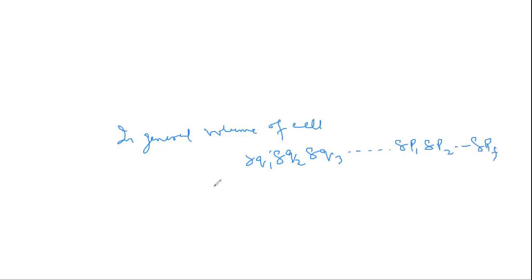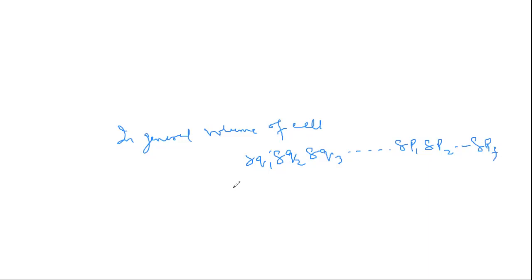So this is in general the volume of the cell in a 2f dimensional phase space when we have a system of f degrees of freedom.